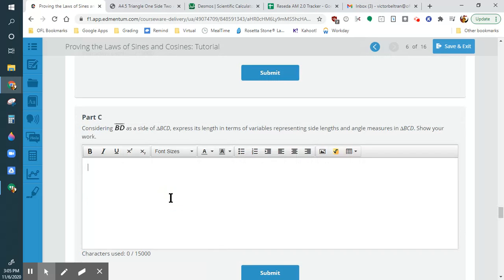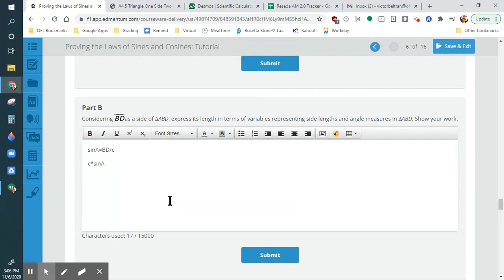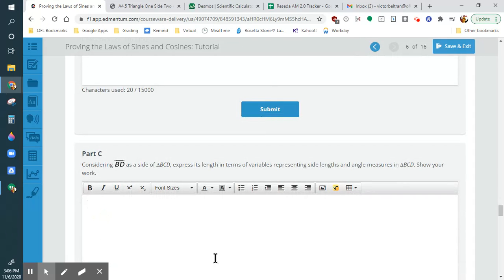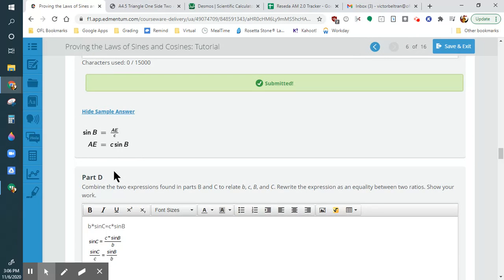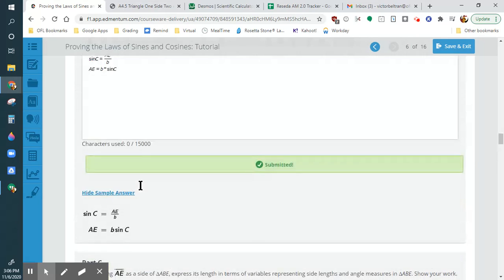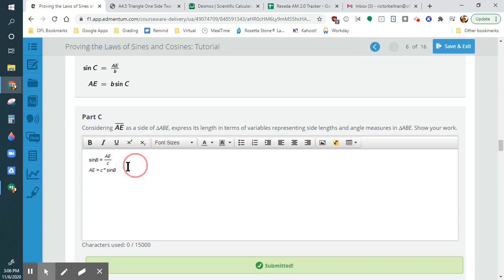All right, and then they want us to do it again over here. So they want us to say that that's BD. And then we're going to say that BD equals, I don't know. You know what? This one I think we did do correctly over here. So I'm literally going to grab this. Oh, they're doing BD instead of AE.